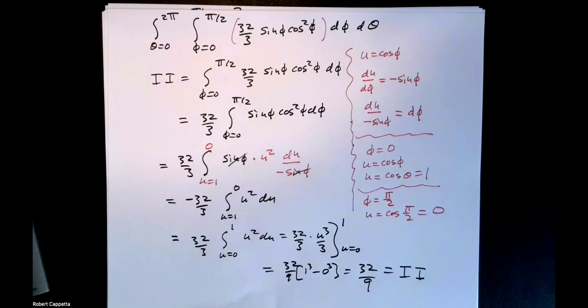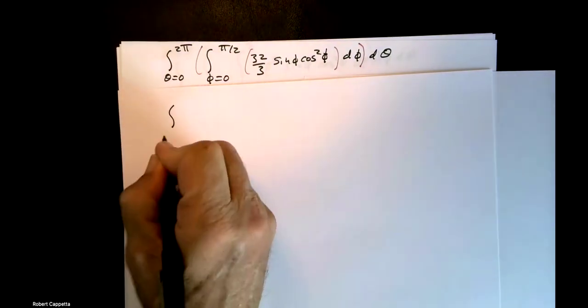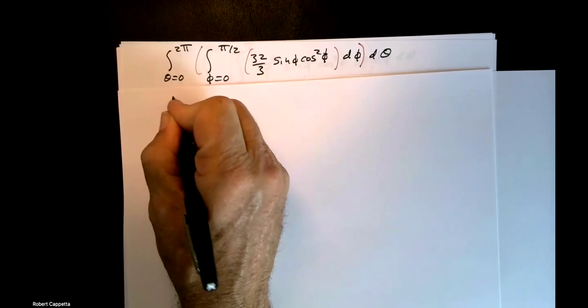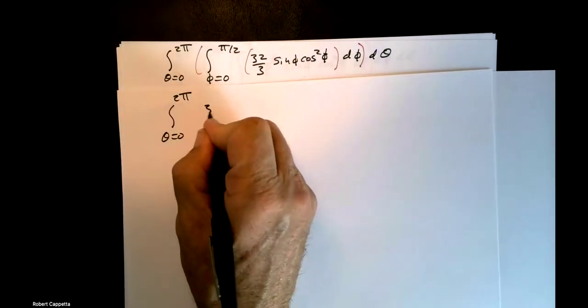So we'll make that substitution and finish off our computation. We were here previously, and that inner integral is 32 ninths. So let's replace that with 32 ninths: integral as theta goes from 0 to 2 pi of 32 ninths.